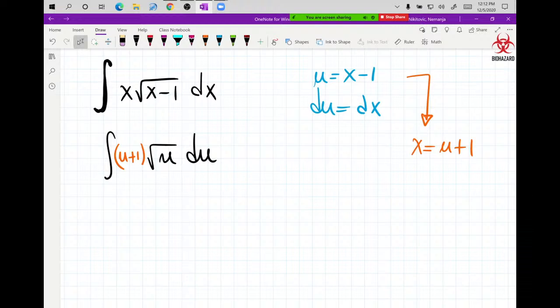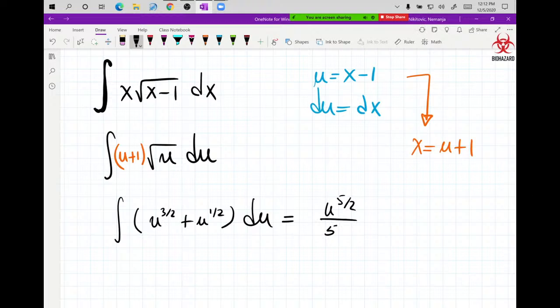And now we have a simple u to 3 halves plus u to 1 half when you distribute. And these become basic integrals that you solve using your power rule section.